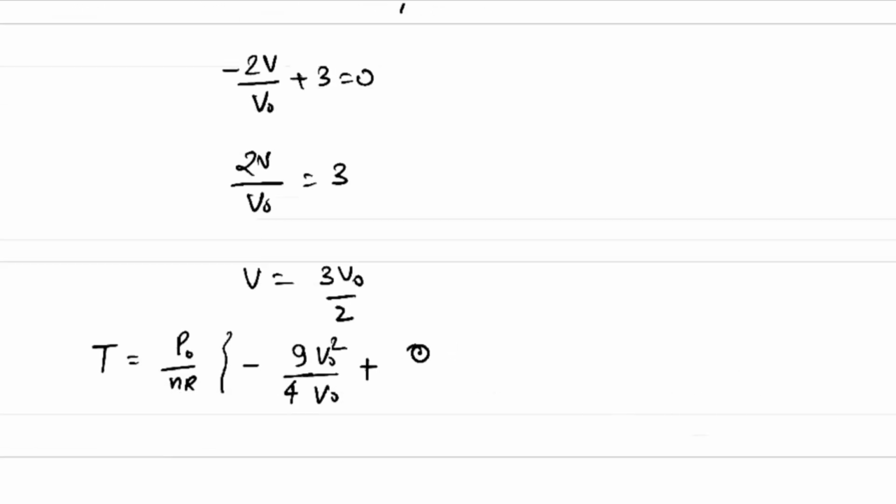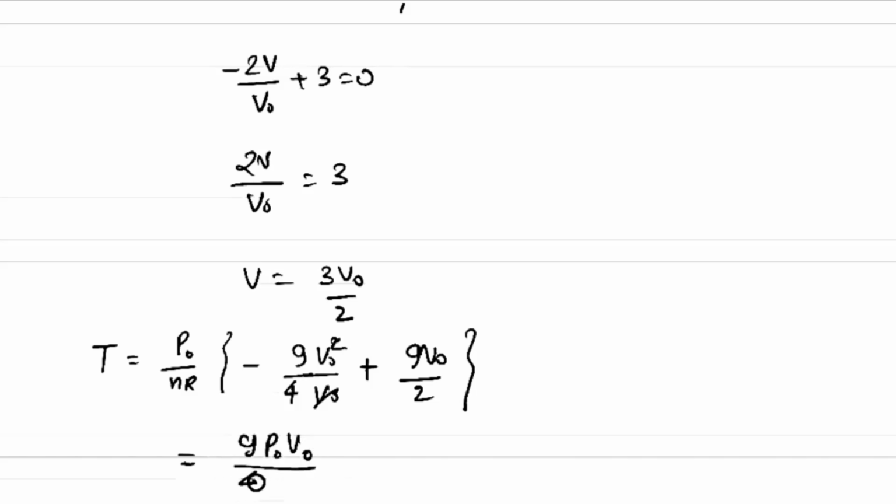So I will write 9 V naught by 2. Simple. So 9 by 2 minus 9 by 4 will be equal to 9 by 4. So finally you will get the temperature as 9 P naught V naught by 4 nR. So this will be your answer.